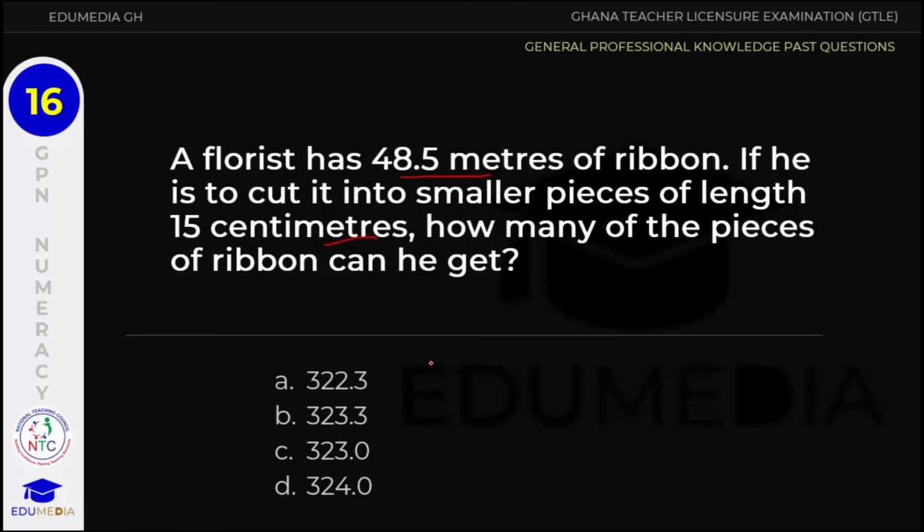So let's convert them to centimeters. I think that's where our final answer is going to be. So let's do the conversion to centimeters. 1 meter is equivalent to 100 centimeters.